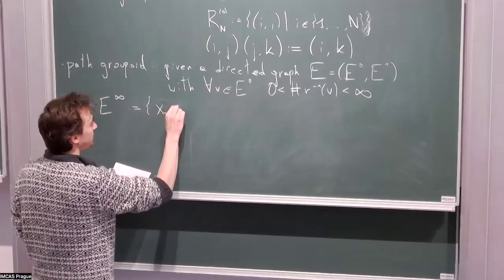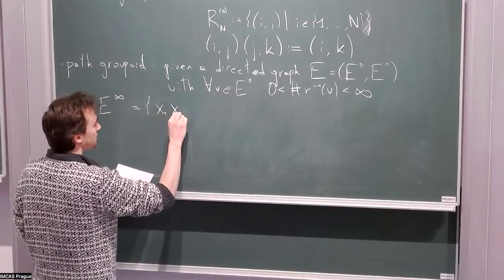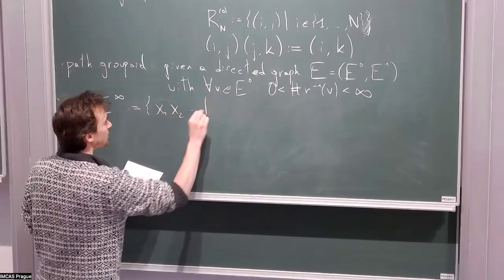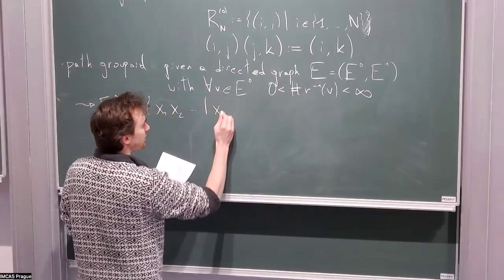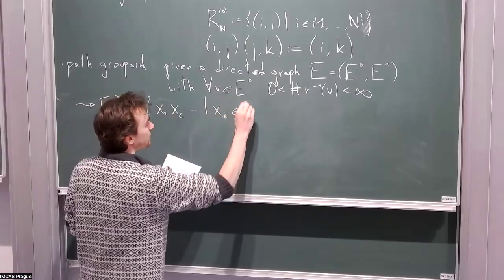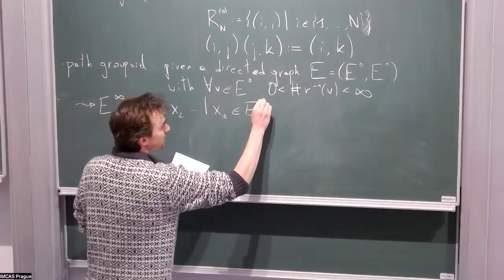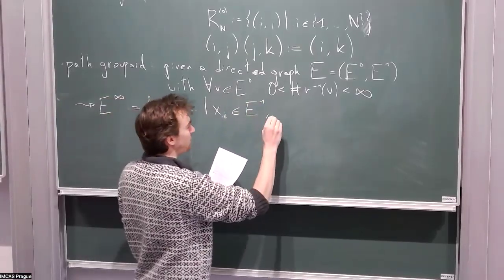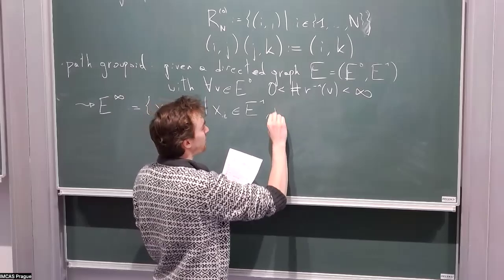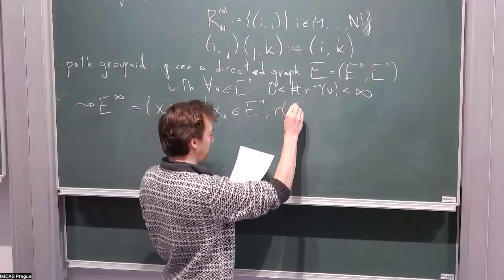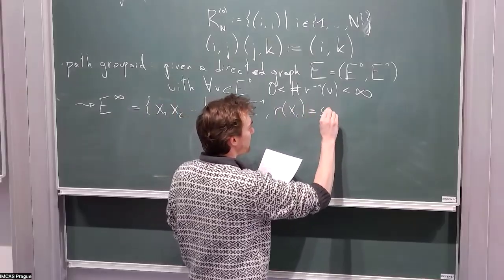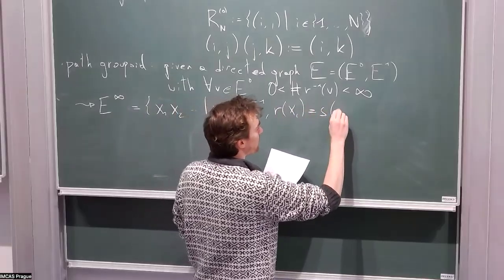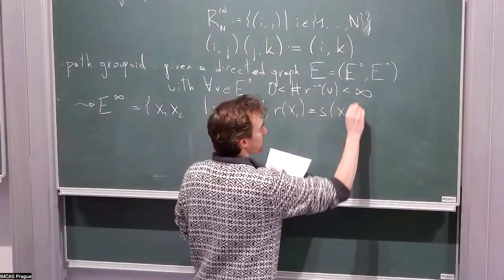So we just take x1, x2, and so on, where we want all xi to be edges such that the range of xi is the source of the next.